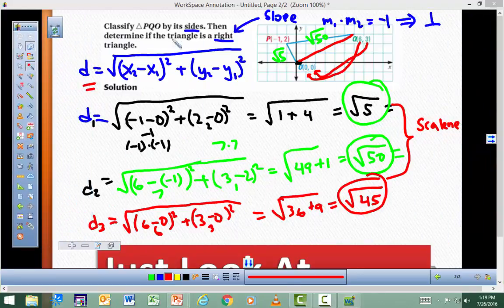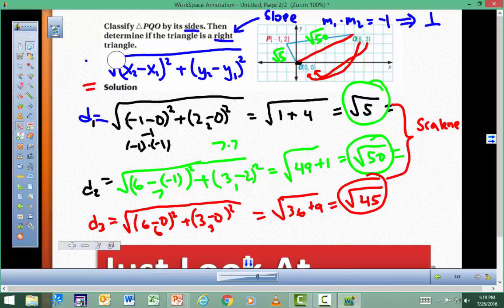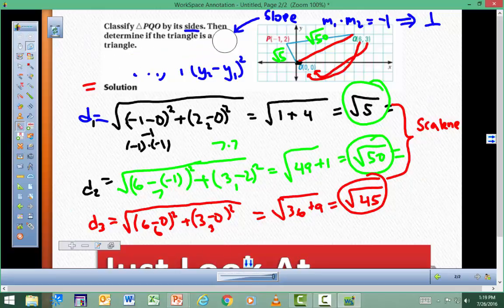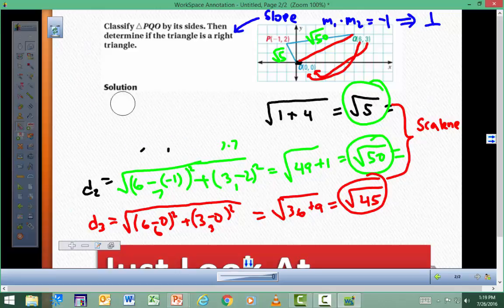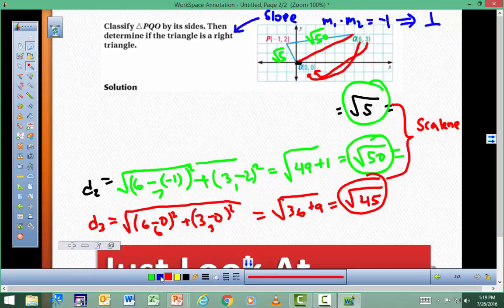Okay. Well, now there's this matter of determining whether it's a right triangle. So, to do that, like I said, we're going to look at the two slopes. So let me just erase some junk so I have more room to work. And so let's find the slopes now.